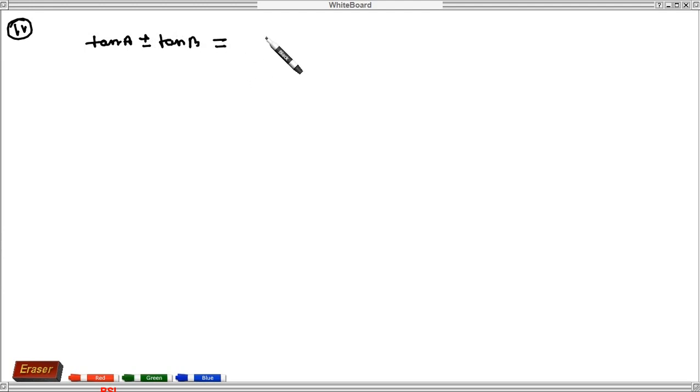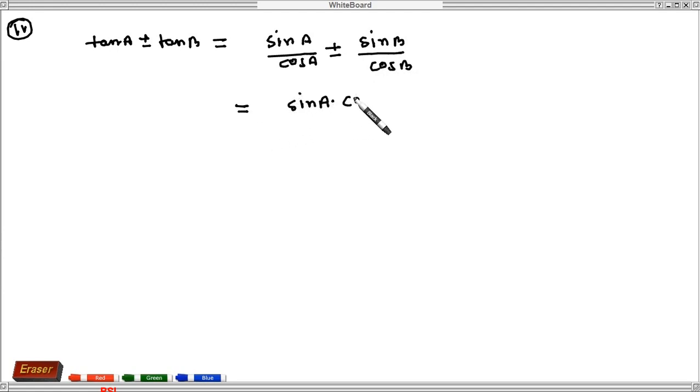Tan a plus or minus tan b can be written as sin a by cos a plus or minus sin b by cos b. By cross multiplication, this can be written as sin a into cos b plus or minus sin b into cos a, over cos a into cos b.